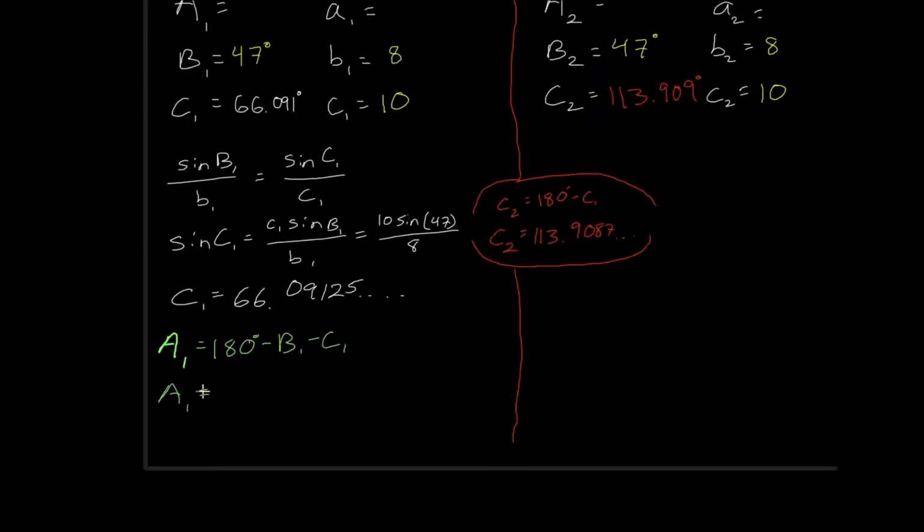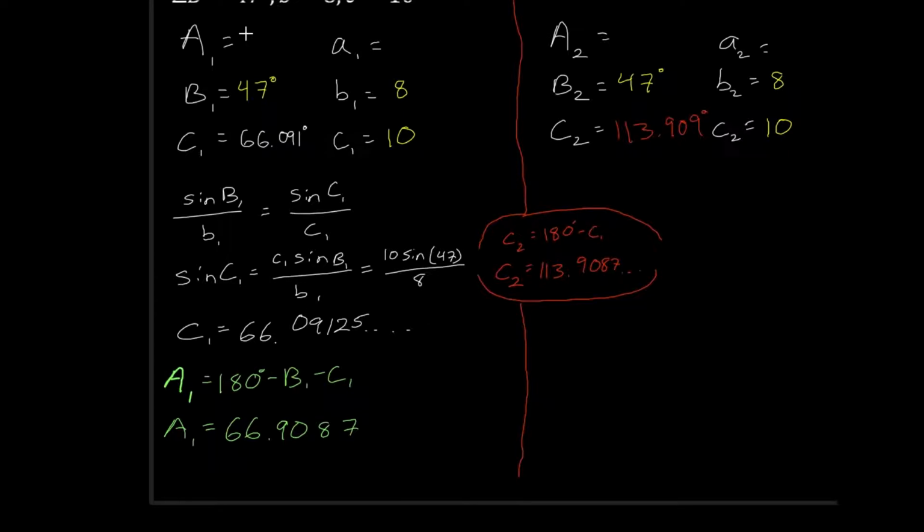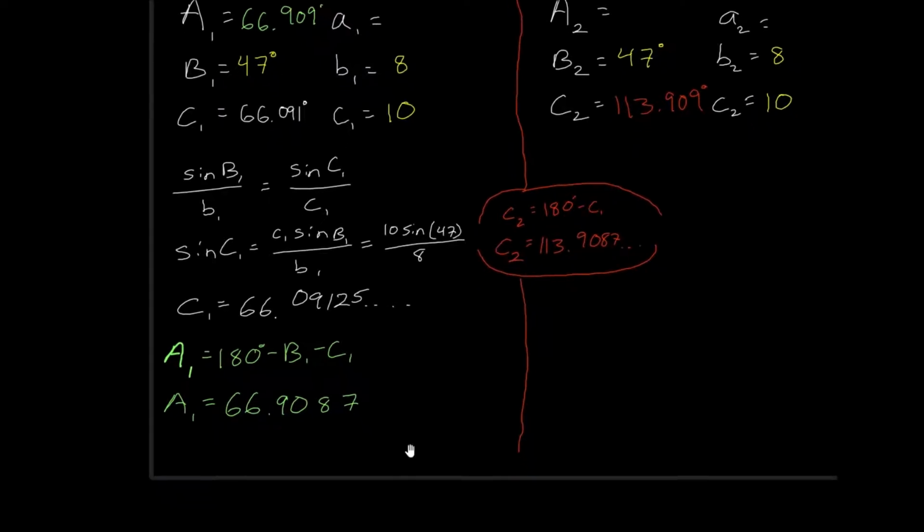So angle A1 is going to be equal to 180 minus 47 minus the 66, giving us another angle of 66.9087 and so on. So we end up with 66.909 degrees.